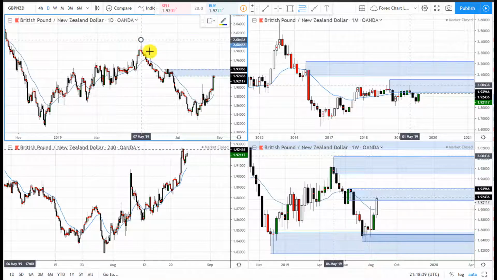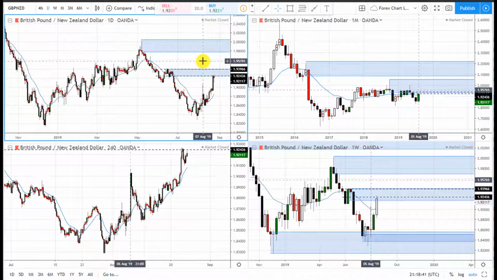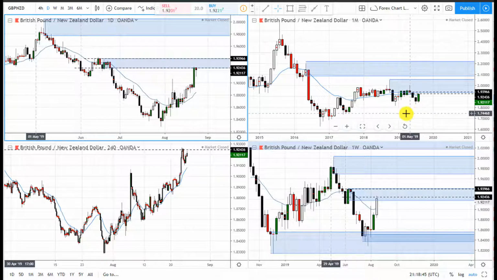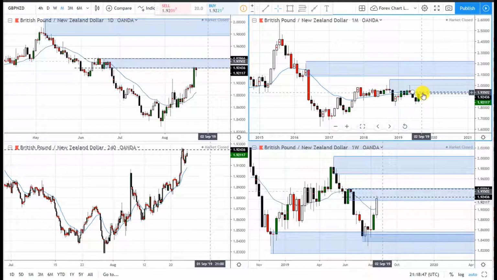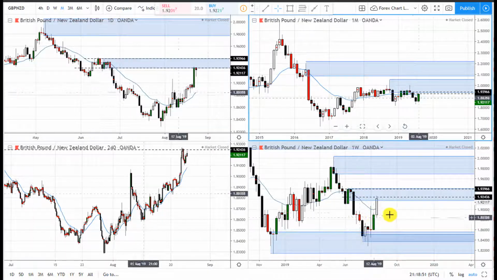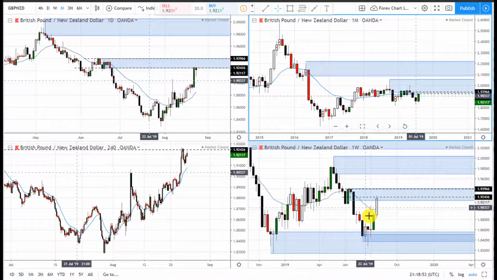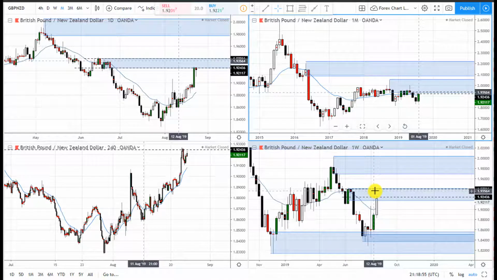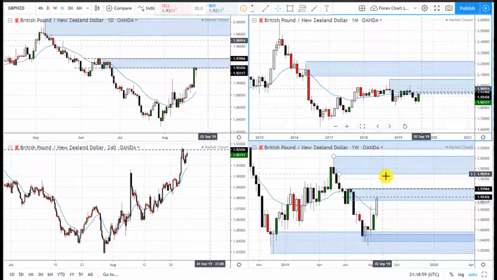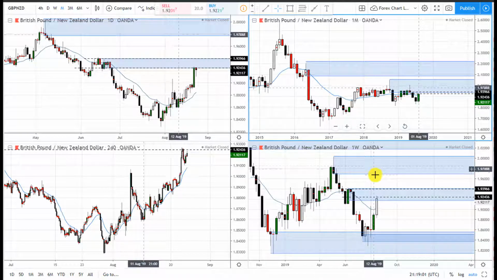Okay, so on the monthly, we know that price is going to come back and retest this area of supply. On the weekly, price is changing momentum, going to break this area of supply, and then it's going to break this area too.